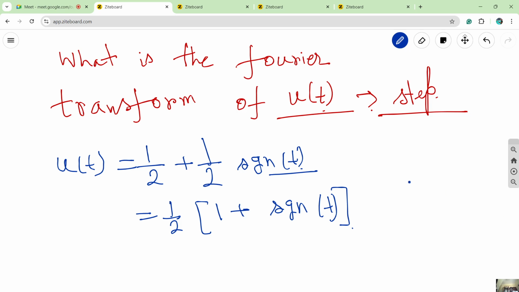So for simplicity, I am also drawing what the signum function actually is. It takes a value of 1 for t greater than 0, and otherwise it takes minus 1 for t less than 0.